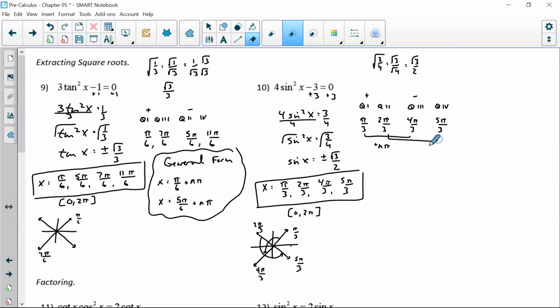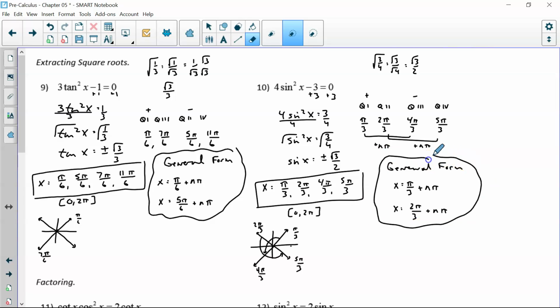So if we write the general form of our solution, so all of those solutions, it's going to be x equals pi over 3 plus n pi, 2 pi over 3 plus n pi. There are all of our solutions in that general form.